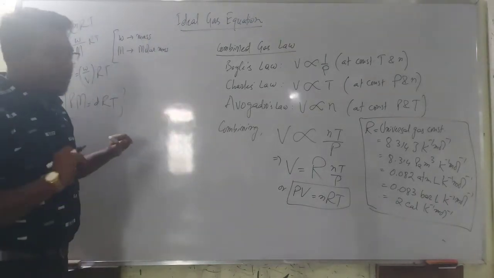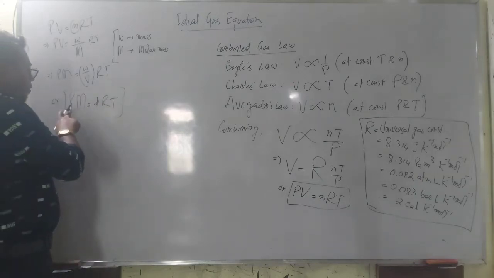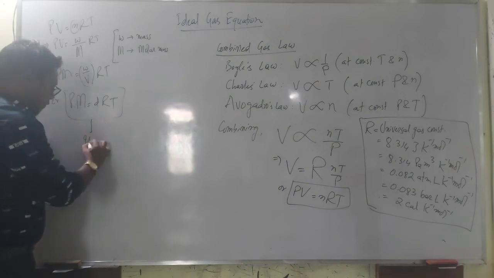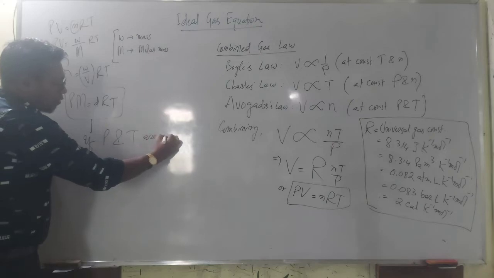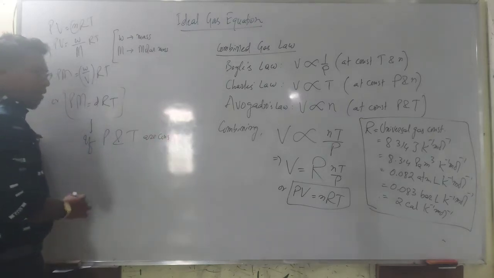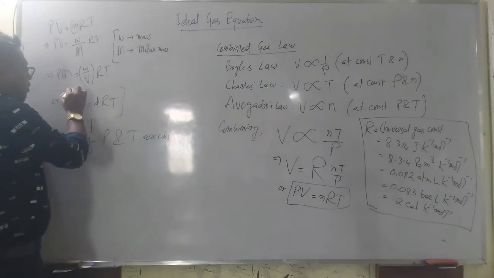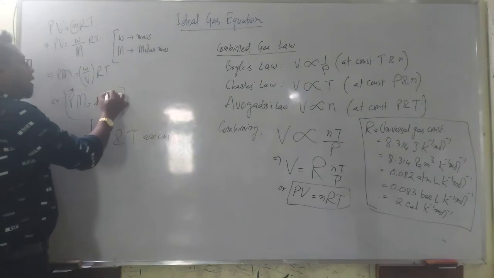For example, if pressure and temperature are constant, then what will happen? P is constant, T is constant, and R is already a constant, right?